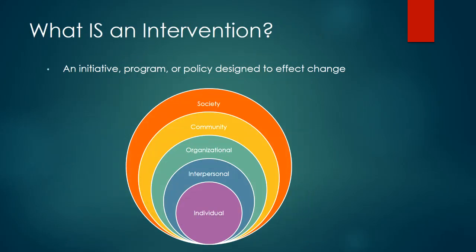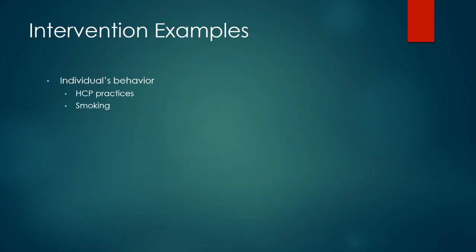And we can use any level of the social ecological framework as our target, from individuals on up to society. And some examples of those at the individual level might be trying to change healthcare provider practices or trying to change smoking among individuals. At the population level, we could try to increase the number of people who use active forms of transit for work, or the use of recycling and composting within a group.